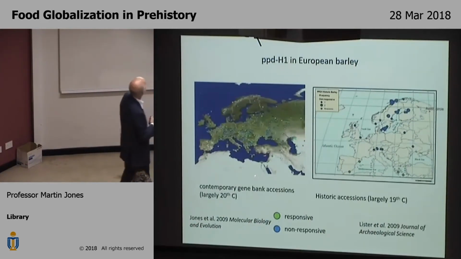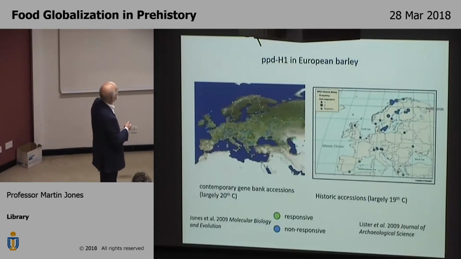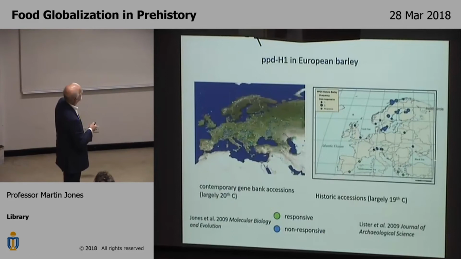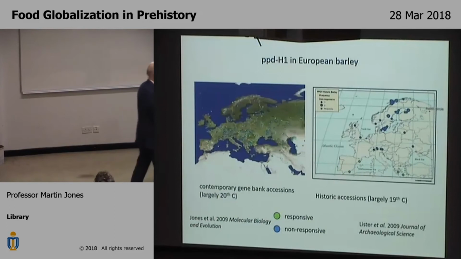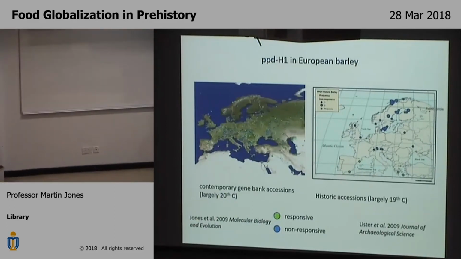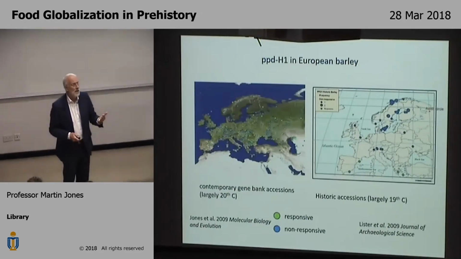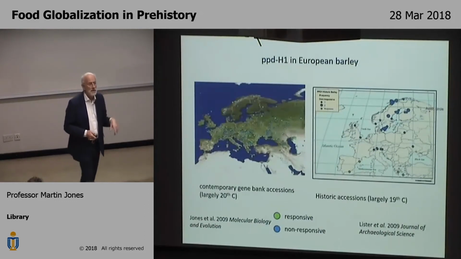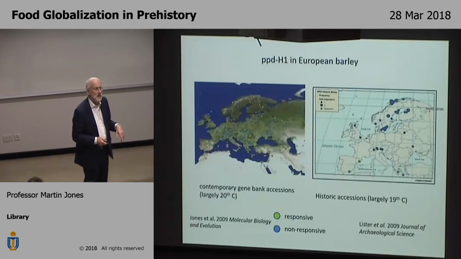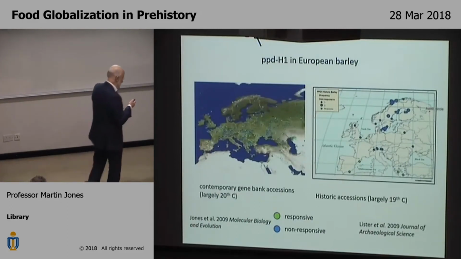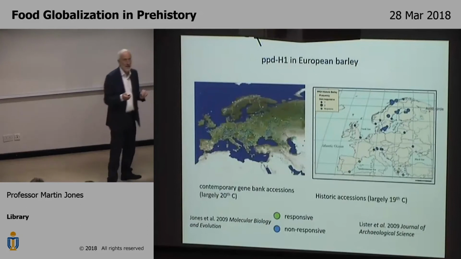And you can see both from the contemporary landraces and the historic sections, but very clearly in the historic sections, as you move up beyond this latitude, it works by switching the genes off. So it's not like the plant gets a new seasonality, it just has a mutation that wipes that gene out, and so the plant becomes more dependent on humans to grow in the right season, because it has no mechanism itself to get its germination right. So the switching off of genes is a very interesting aspect of food globalization.